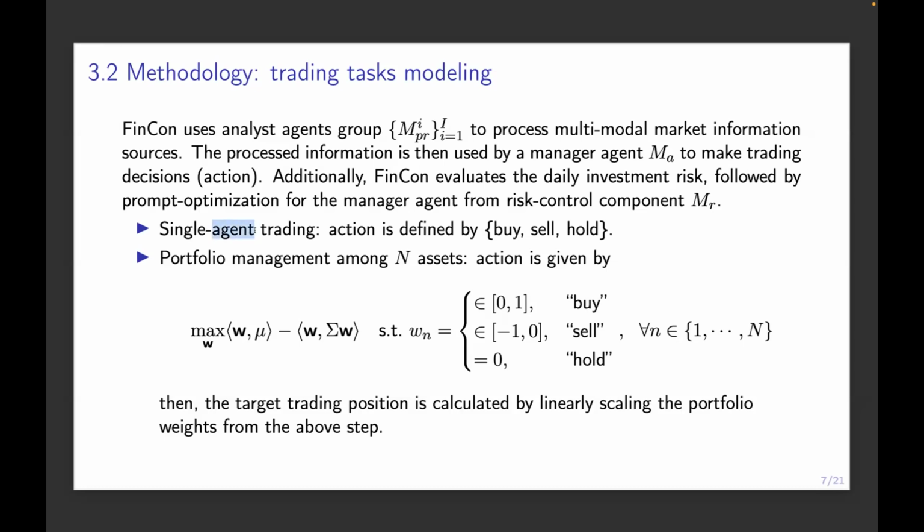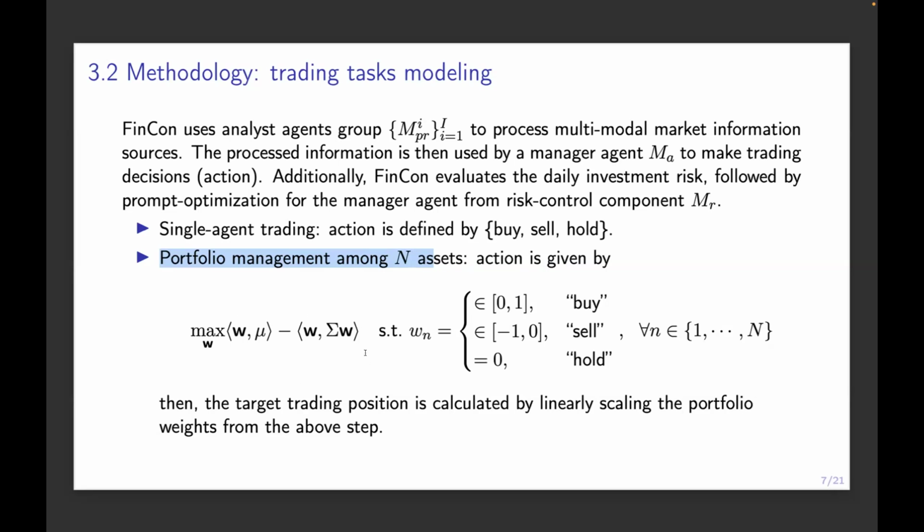So for the single agent trade, there is a table here. For single stock trading, the action is defined by buy, sell, or hold. And in our work, we also allow short positions, which means your asset position can be a negative number. For portfolio management among N assets, the action is given by a mean variance optimization.